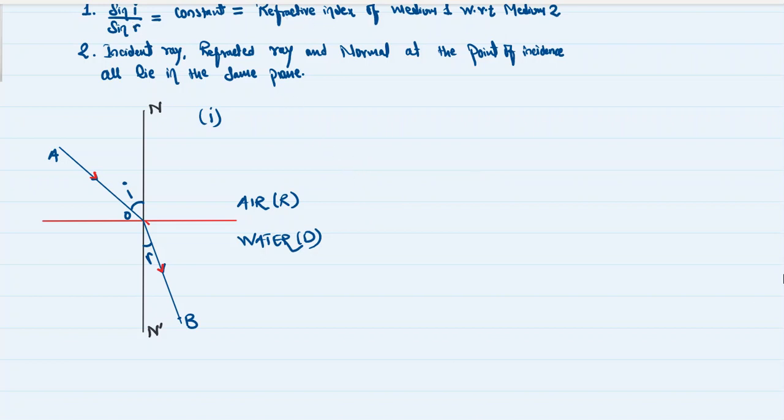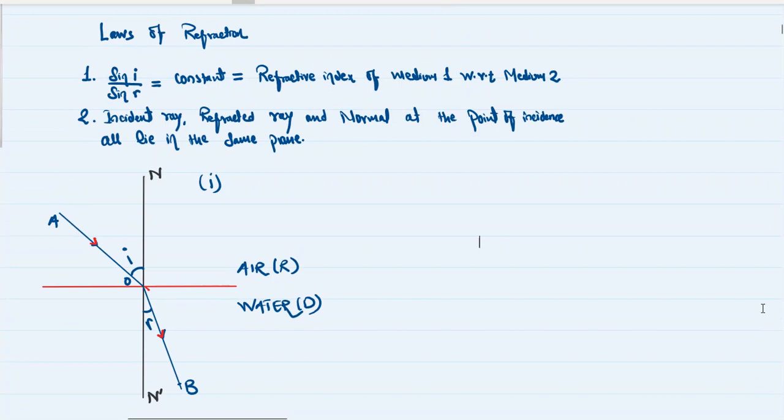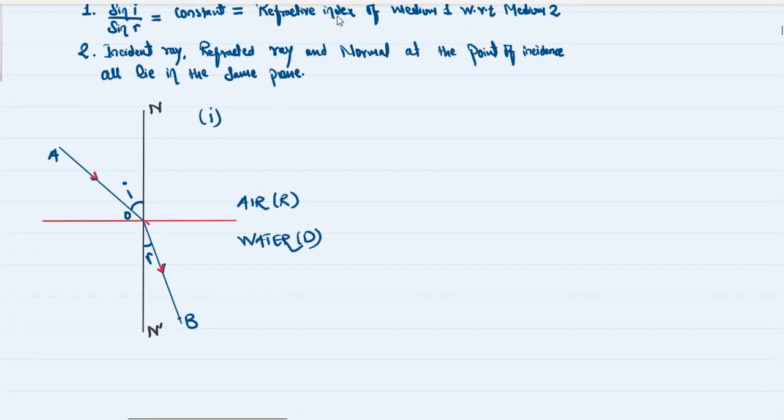I'm just explaining the first law of refraction, so please understand: the refractive index of medium 1 with respect to medium 2 is sine of angle of incidence upon sine of angle of refraction, sine I upon sine R.